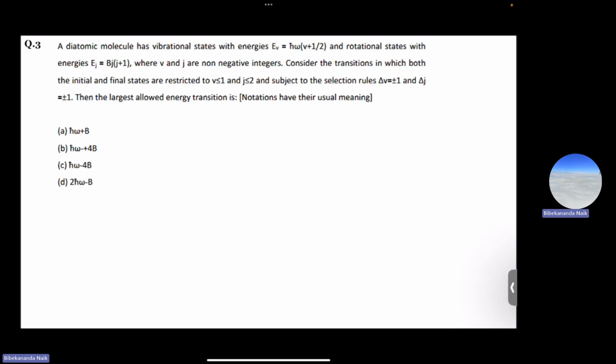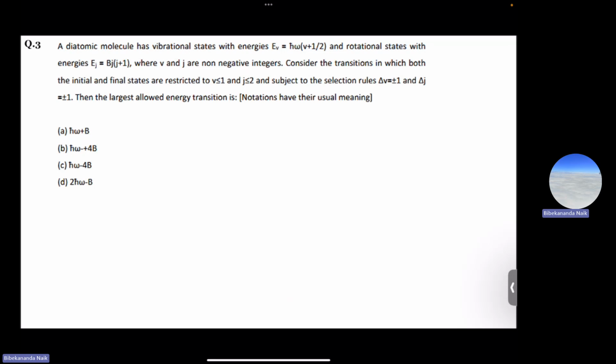Question number 3 says a diatomic molecule has vibrational states with energies. The expression for energy is E_v = ħω(v + 1/2), and the rotational energy states with energies E_j = B j(j + 1), where v and j are non-negative integers.